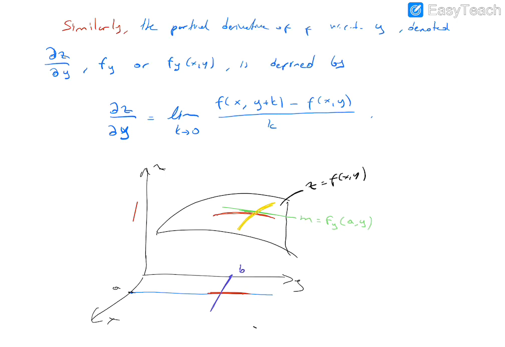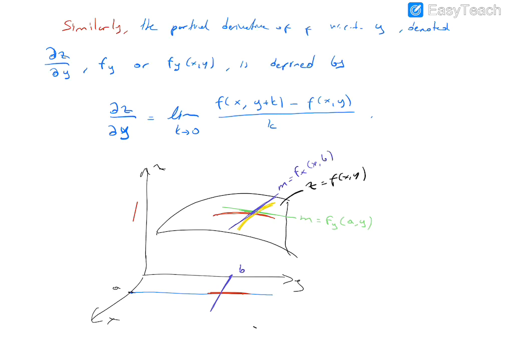Which color should be used? Okay, let's use this color. So the tangent line at that point is this one, and the slope of this tangent line is f sub x at a comma b.